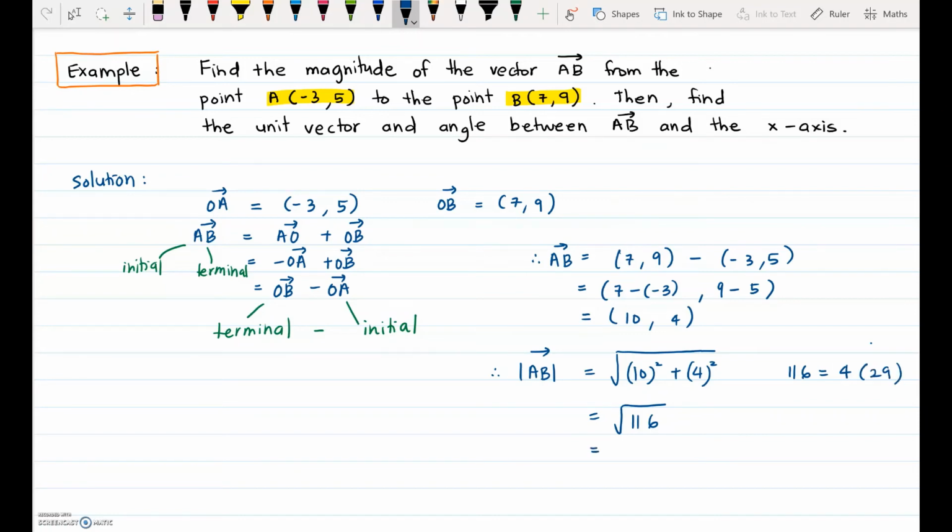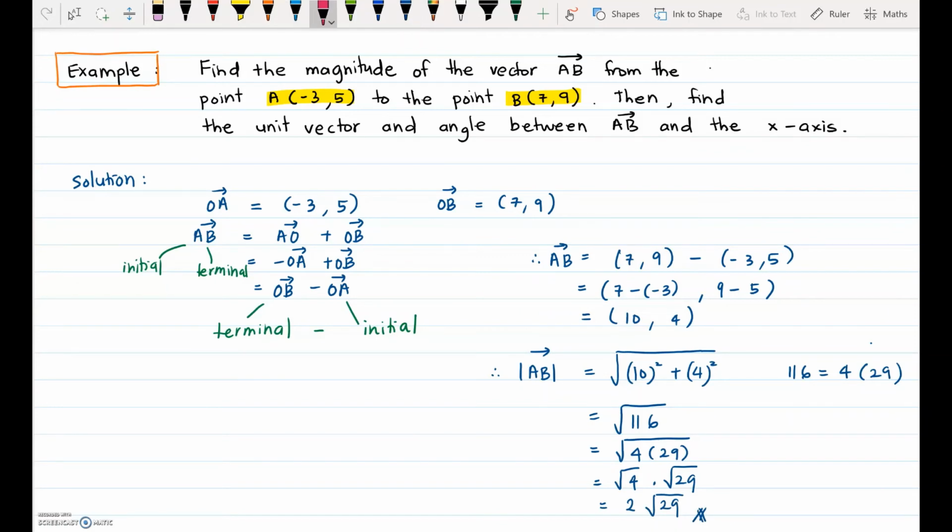So you can simplify it as the square root of 4 times 29. Since you can square root the 4, the square root of 4 is 2. Or if you write it one by one, it will be the square root of 4 times the square root of 29. So you will get 2 square root 29.